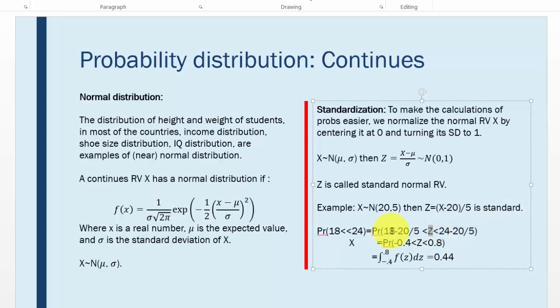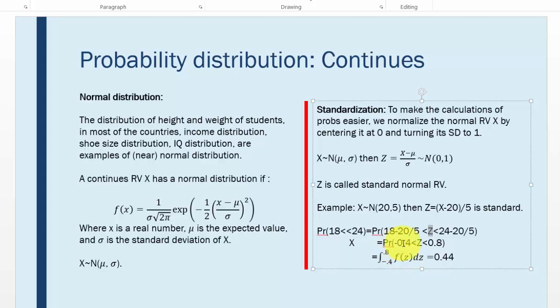On the left hand side, we get (18 minus 20) divided by 5. On the right hand side, we get (24 minus 20) divided by 5, which becomes the probability of Z between minus 0.4 and 0.8.